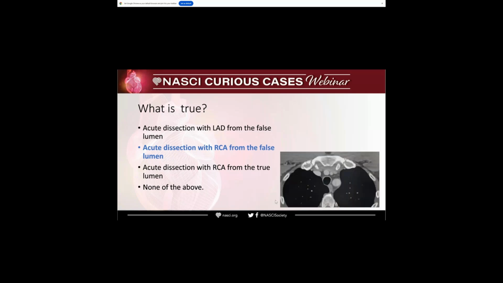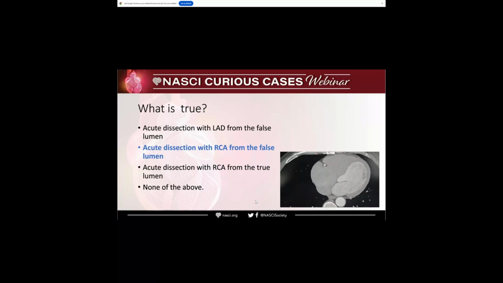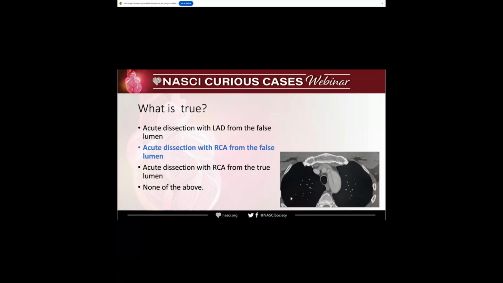The answer is just as in any other case, it depends on when you scan the patient. So as in other cases, if you scan the patient a little bit later, the enhancement will already change. So this is probably a little bit later phase of scan.